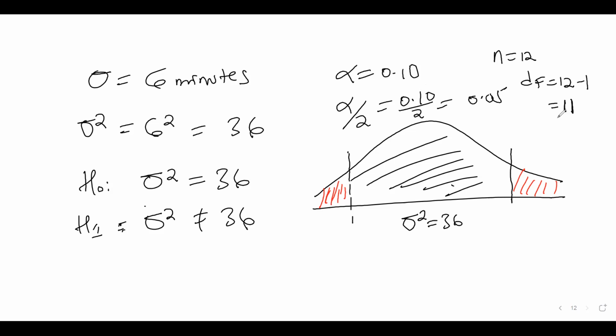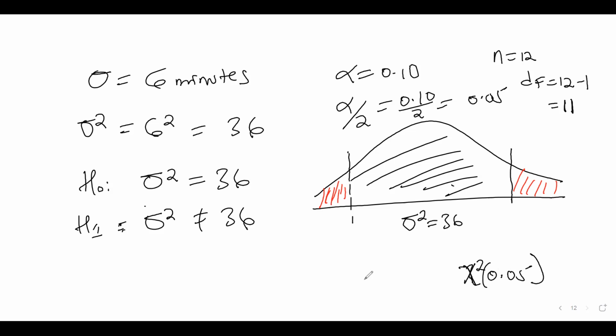Now, if this is the case, what it then means is that the chi-square distribution, as I told you, is always a mirror. So for the positive side or the right-hand side, we will read chi-square of 0.05.